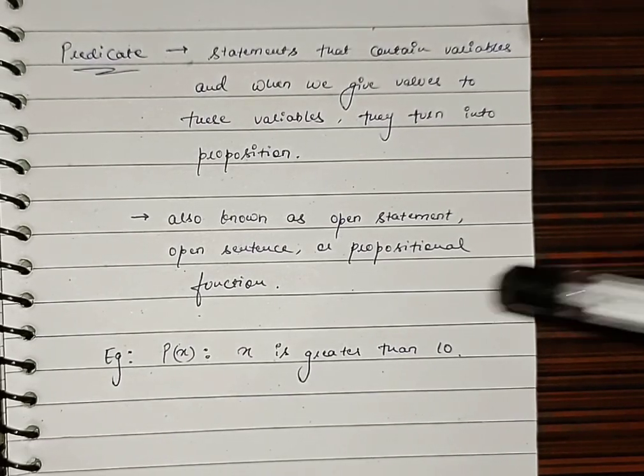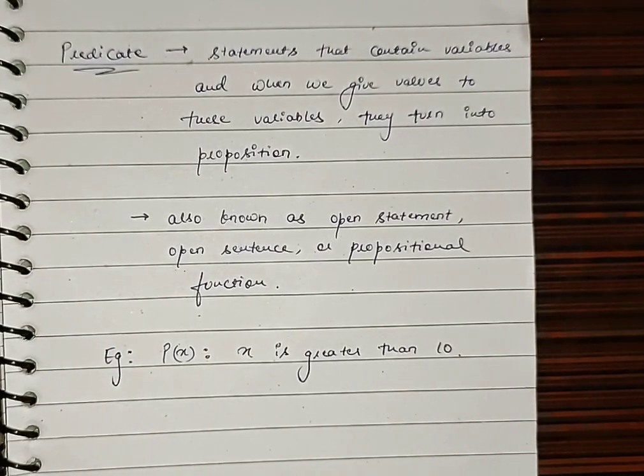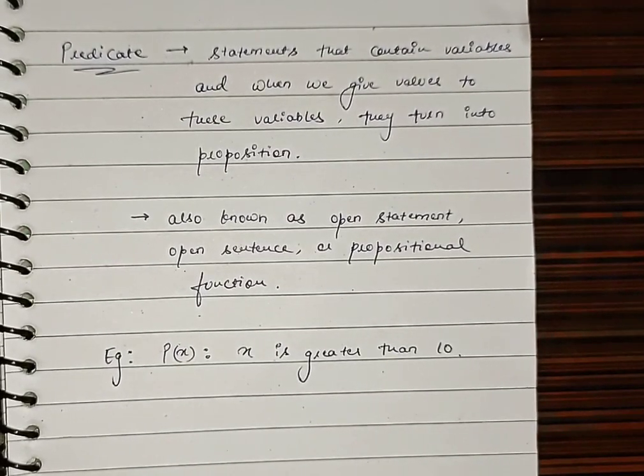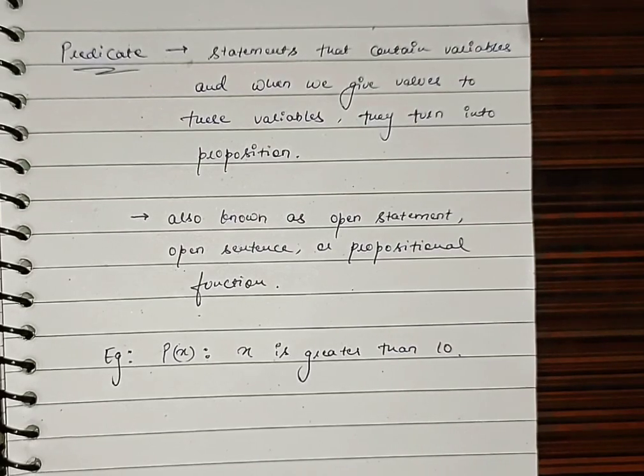Now if I say that x equals 5, then this statement P(x) becomes 5 is greater than 10, but 5 is not greater than 10, it is actually lesser than 10. Then P(x) becomes a false statement. It now holds a truth value of false. It is still a proposition because it now holds a truth value. It has definitely become a proposition.